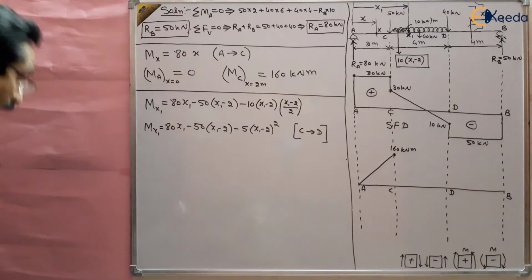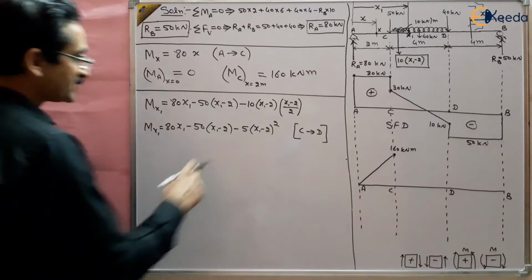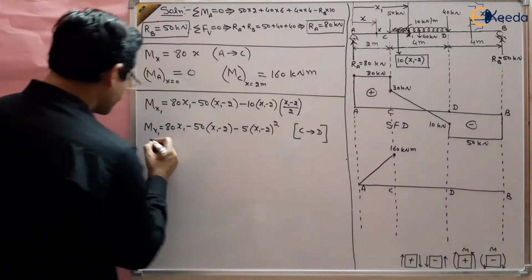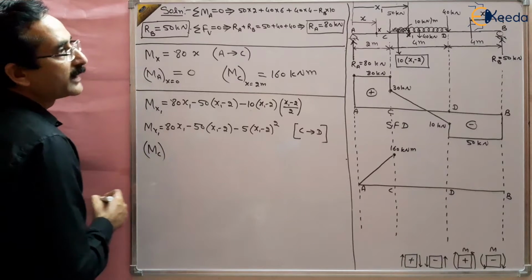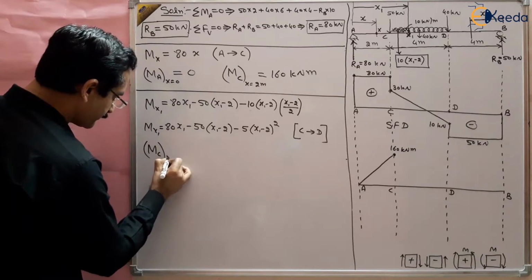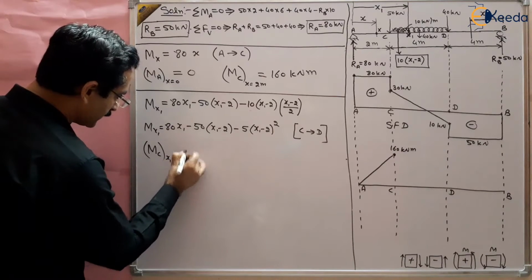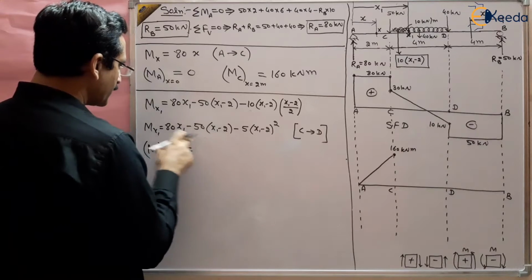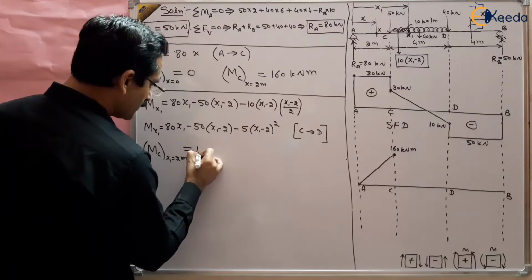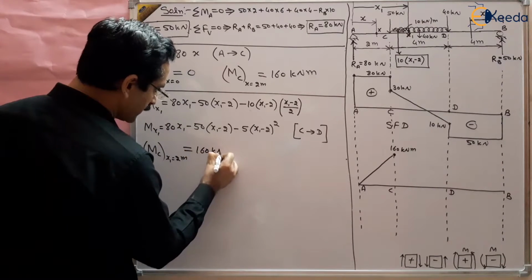So what is the value at C and what is the value at D? So M at C, at a distance of 2 meters, put here 2 meters and you will get 160 kilonewton meter.